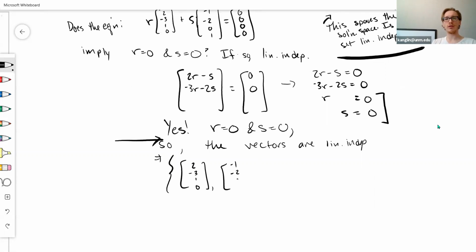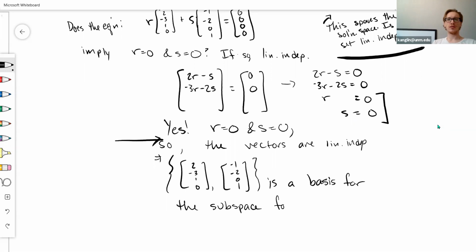Totally fine. That set of vectors is a basis for the subspace formed by the solutions of the homogeneous system.